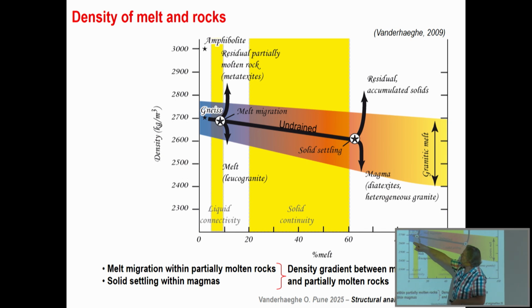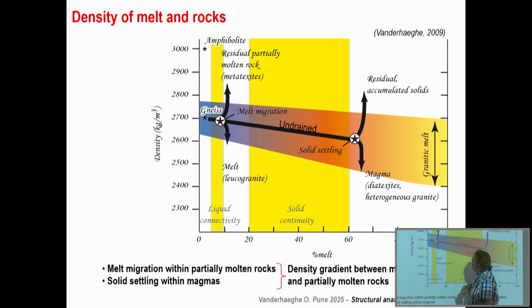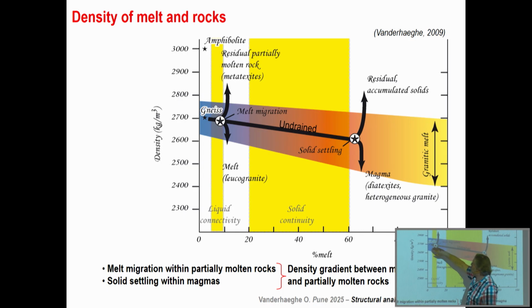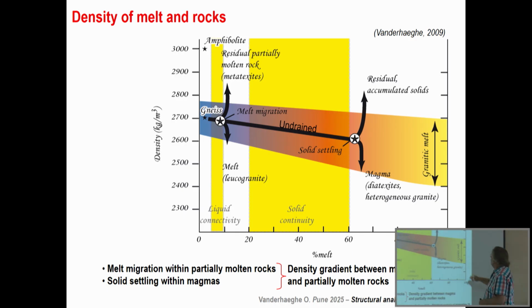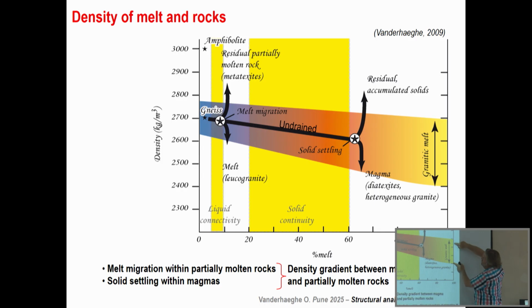So if we take the density of a gneiss, it's usually here. Amphibolite is a bit higher density. A gneiss made of quartz and feldspar, it's here. And the melt, granitic melt, is on this side. So it spreads over a wide range according to its composition, but it's usually less dense, not that much, but less dense than the gneiss.